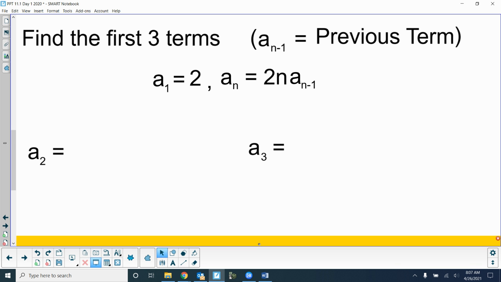So I'm not giving you credit for trying today? I'll take a 4. What is it? For the previous term, we put in for n. So what's the second term? Okay, so what's the third term then?